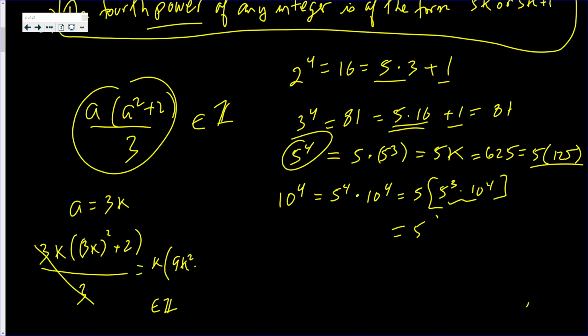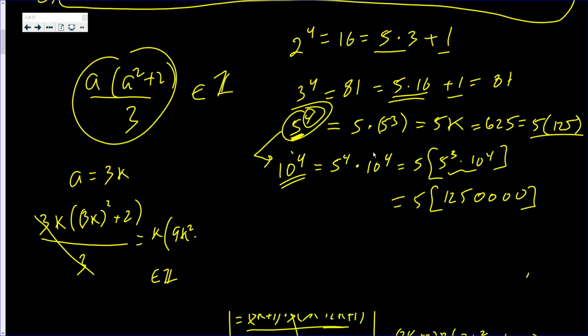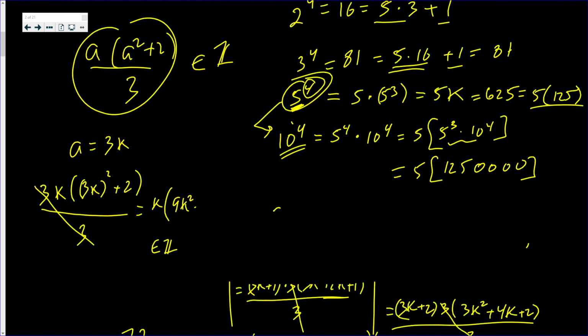And this is an integer. 5 cubed multiplied by 10 to the 4th means put 4 zeros. So if it's a multiple of 5 to a power or 10 to a power, it'll work. What about 20 to a power?